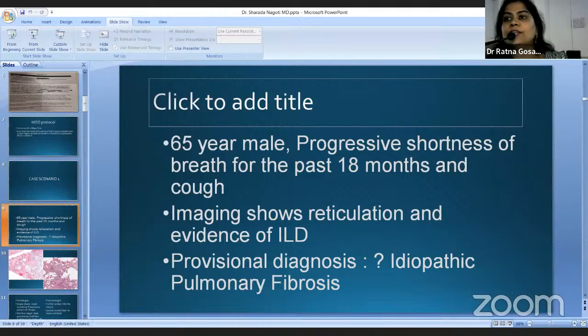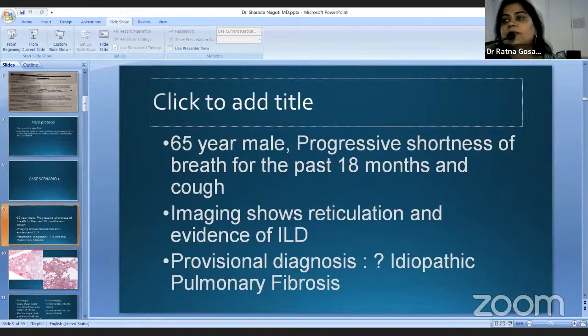So can anyone identify this, pathology residents? What is this picture showing? Is it normal looking or is it abnormal? Is it normal looking lung parenchyma?